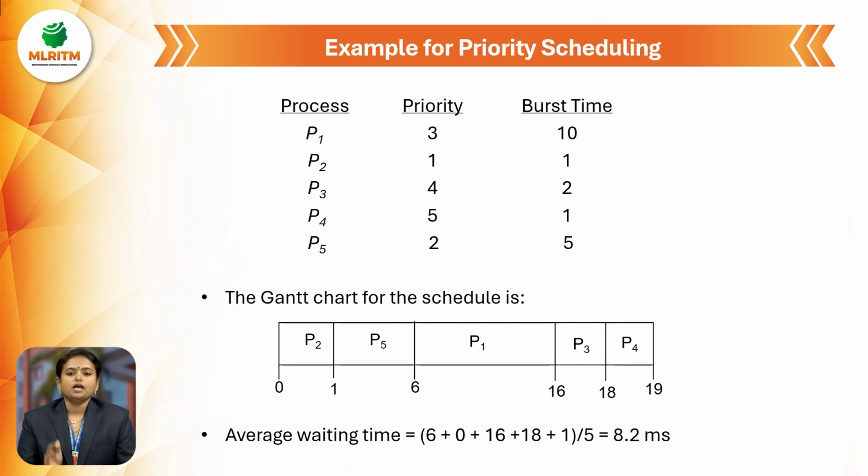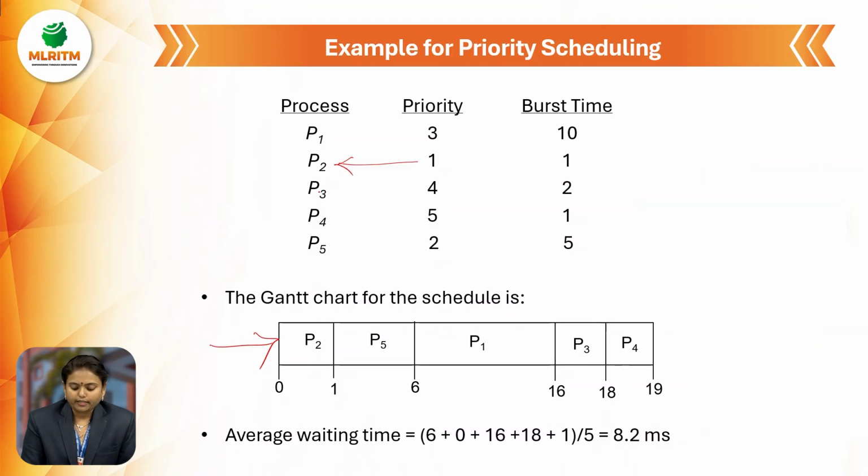The process which has the highest priority goes first. Here the CPU gave priority 1 to P2, so process P2 will enter into the CPU first.